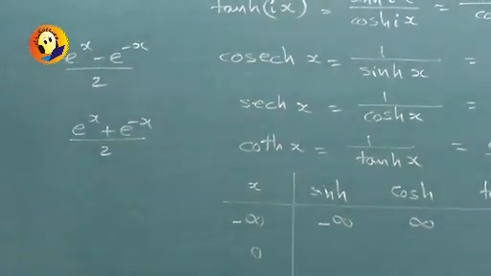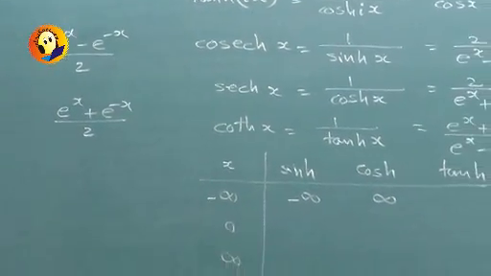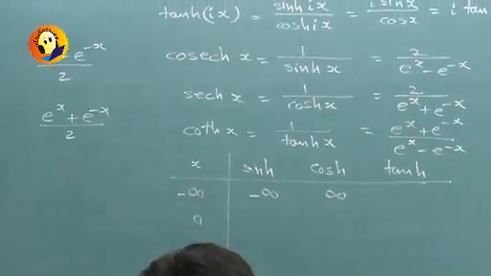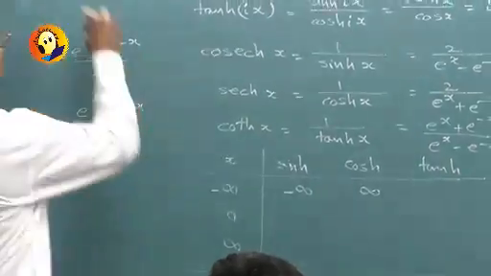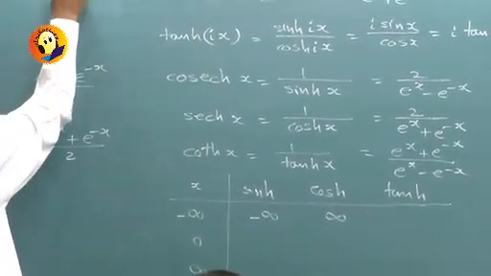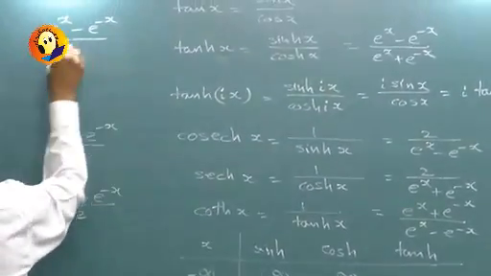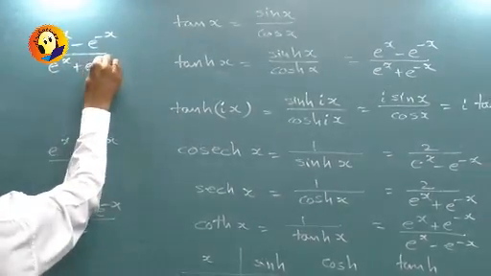And then comes tan. It is e raised to x minus e raised to minus x upon e raised to x plus e raised to minus x.